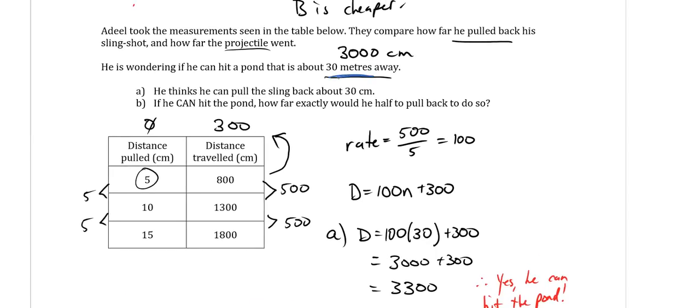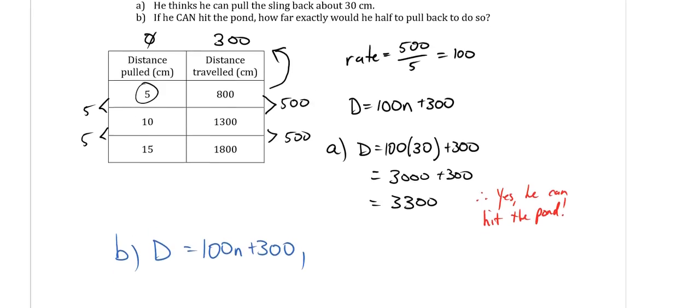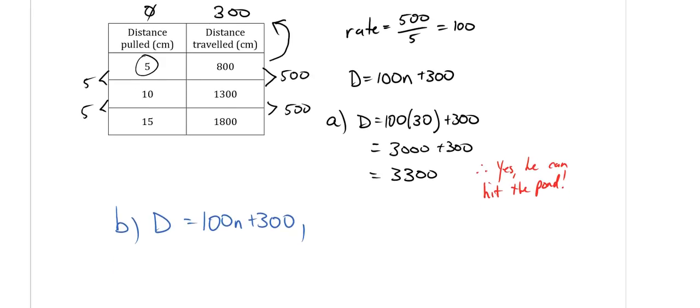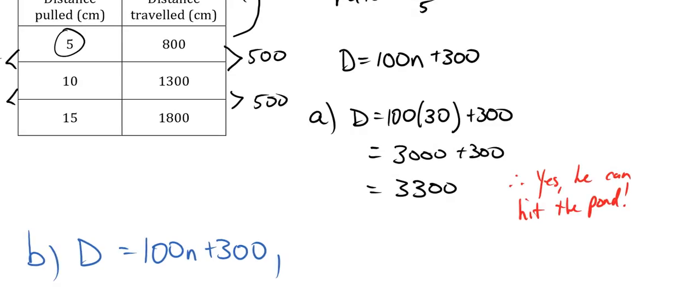The pond is 30 meters away. This is the tricky part. Folks, don't tune out right now. This is really important. What is it asking for here? What is it telling us? So see how we have an equation?